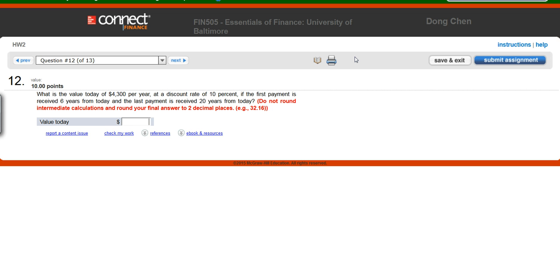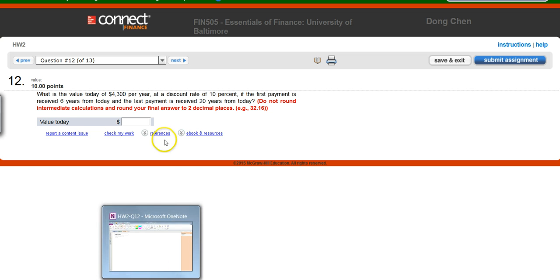Because we always assume that we stand at the beginning of the year. So ordinary annuity means that the payment occurs by the end of the year. That means the first payment starts from year one. So that's how we can use the formula.